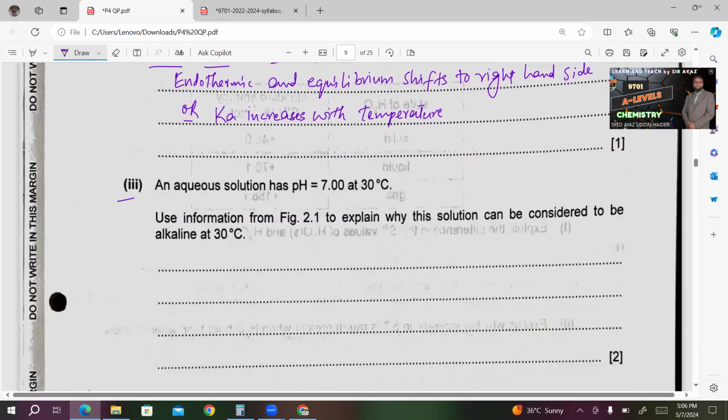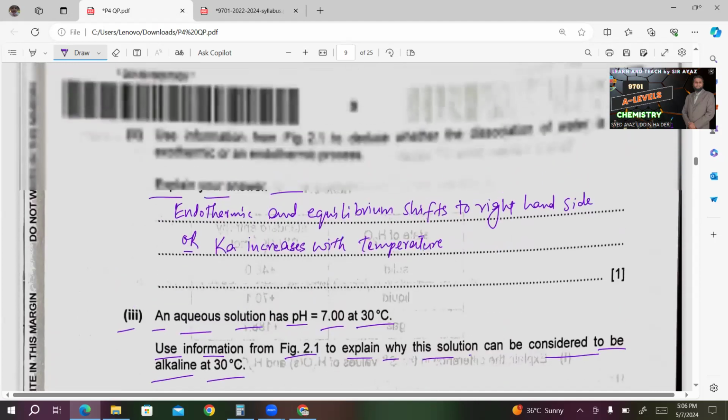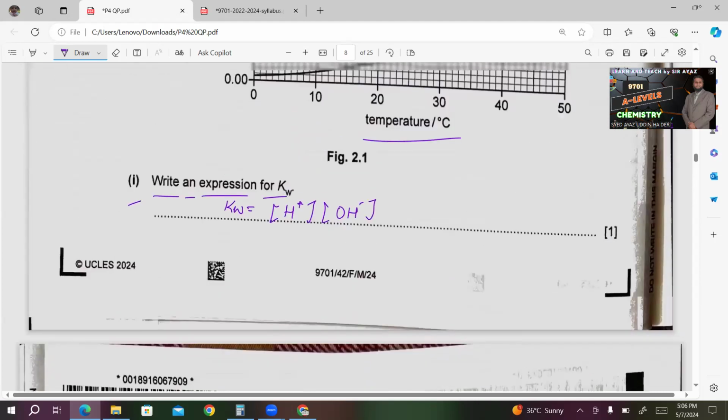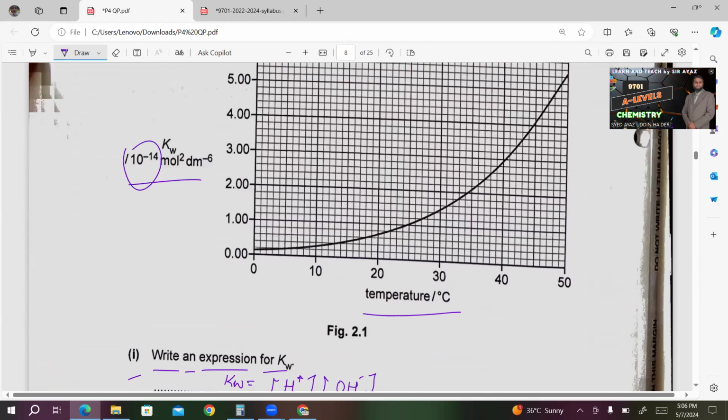Number 3, an aqueous solution has a pH 7 at 30 degrees centigrade. Use information from figure 2.1 to explain why this solution can be considered to be alkaline at 30 degrees centigrade. If you look at this Kw, it's increasing with temperature.